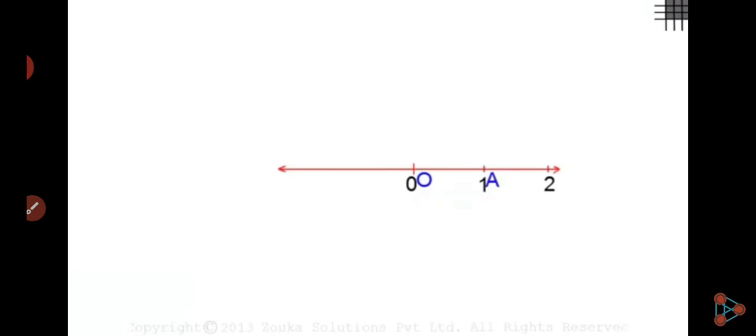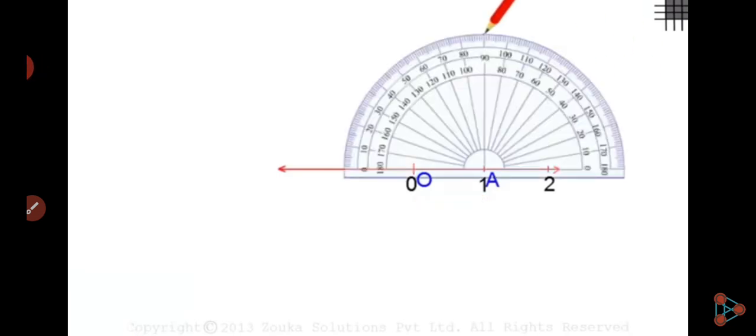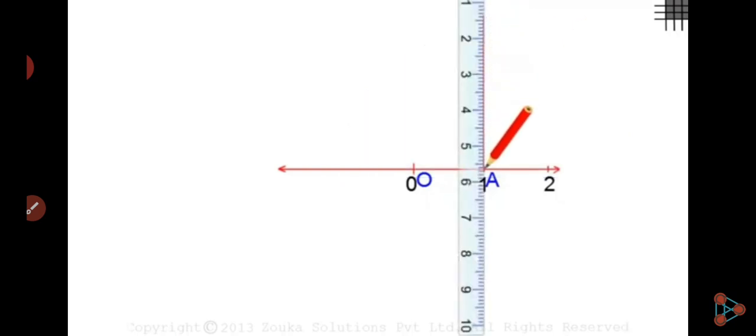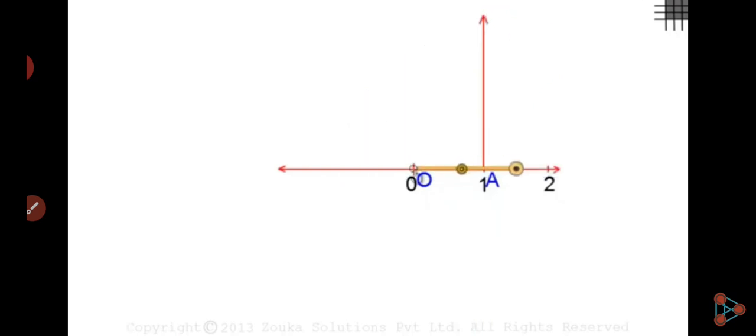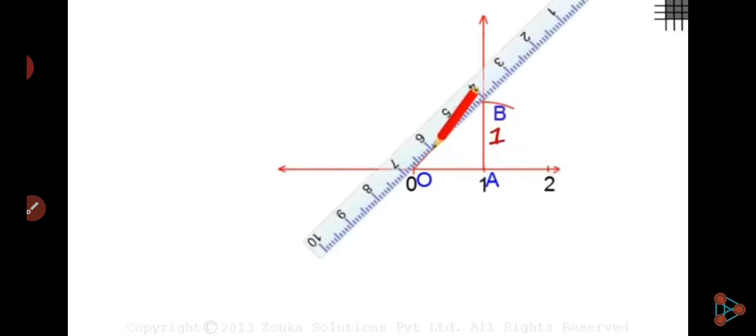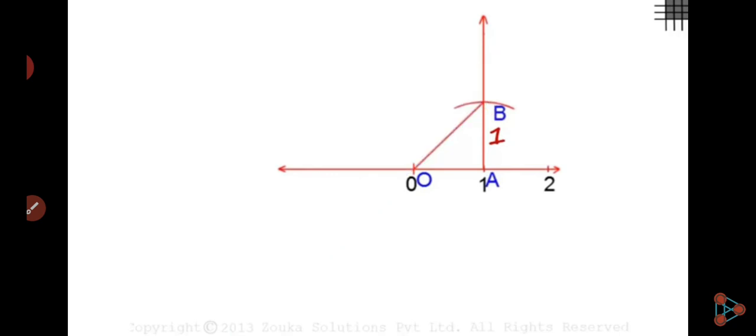See, this is point O, this is point A, this is your 90 degrees, because they are perpendicular. By the Pythagoras theorem, this is 1 unit, this is 1 unit, so our hypotenuse is root 2.